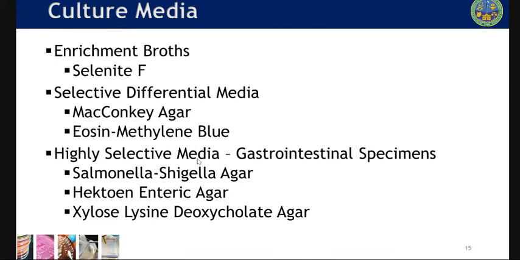That includes your selenite F, or others may have gram-negative broth. Or at times, if you do not need selectivity, then you may make use of tryptic soy broth, or nutrient broth could be possible. But then again, they are not as selective as your selenite F.